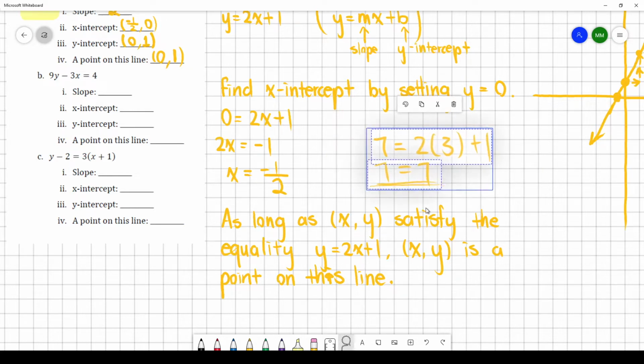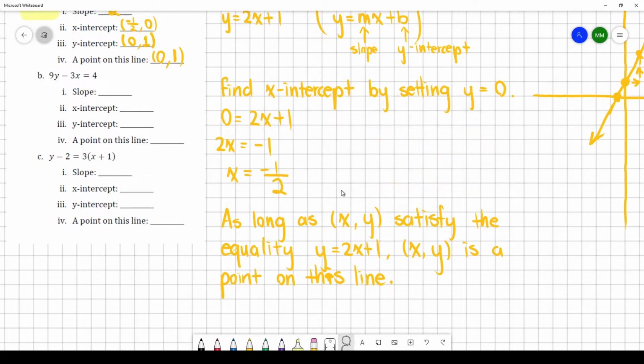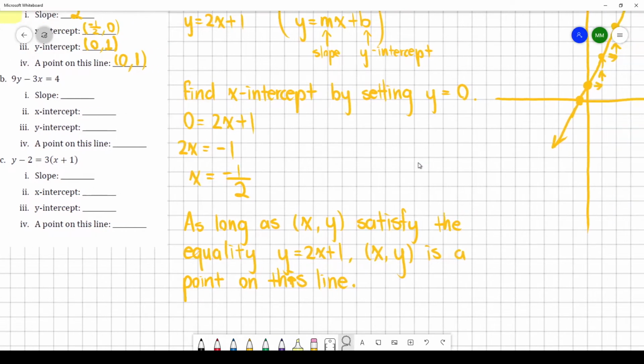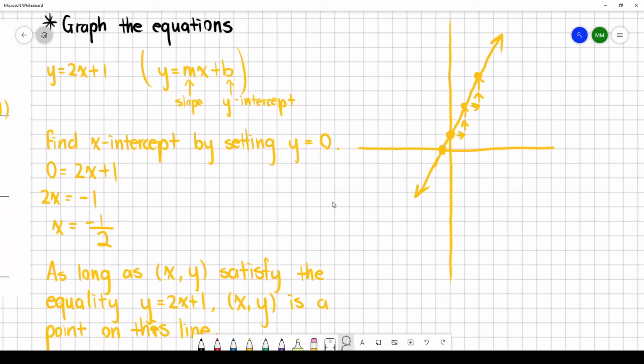And another point: if x is equal to negative 1, then y will also be equal to negative 1, and that will also be a point on the line. You can see it right here, actually. Negative 1 and negative 1 is a point on this line, right here, because they satisfy this equality. When you plug in y equal to negative 1 and x equal to negative 1, the two sides will be equal.